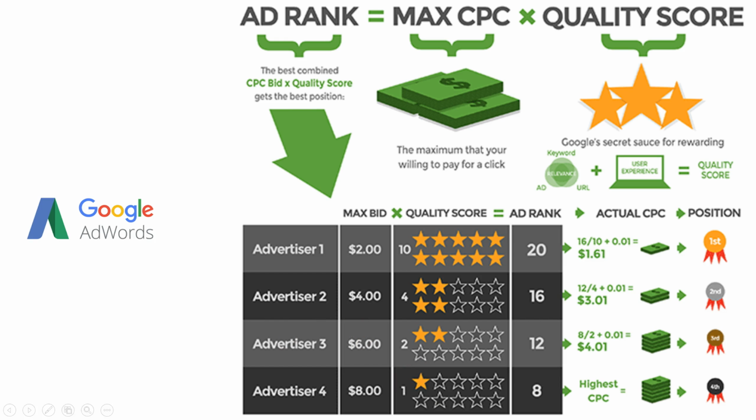And what I want to do now is I just want to explain a little bit about the science of Google and how it actually ranks your ad. What Google's going to do is it's going to look at the maximum budget you're willing to pay or bid for a click on your ad. They call that the max CPC. And then Google's going to look at your quality score.